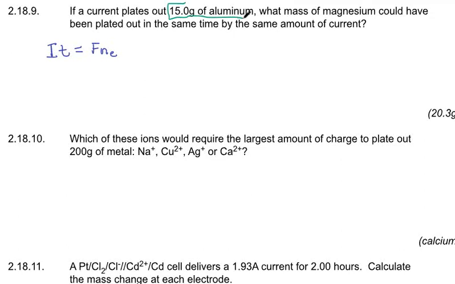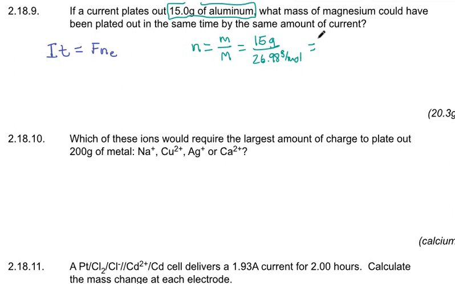15 grams of aluminum, we think. Our formula wants moles of electrons, so how many moles of aluminum are we thinking? N equals M over M equals 15 grams of aluminum divided by 26.98 grams per mole, the molar mass of aluminum.